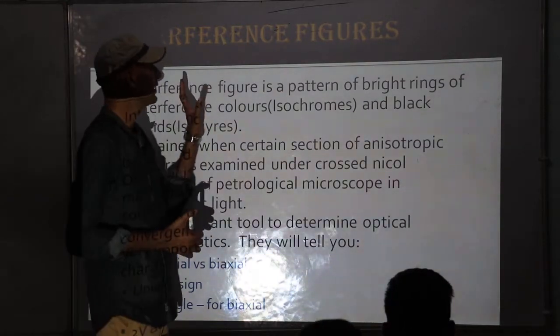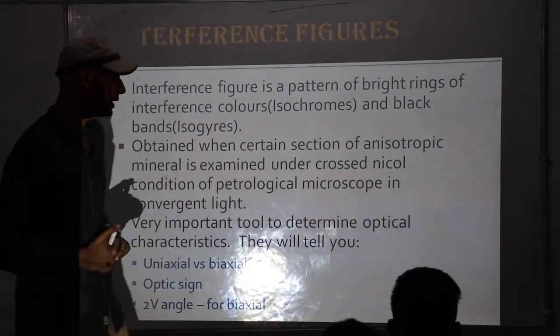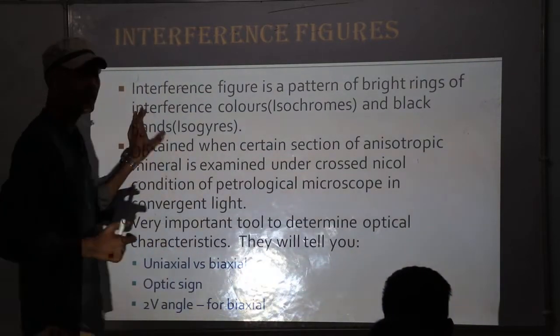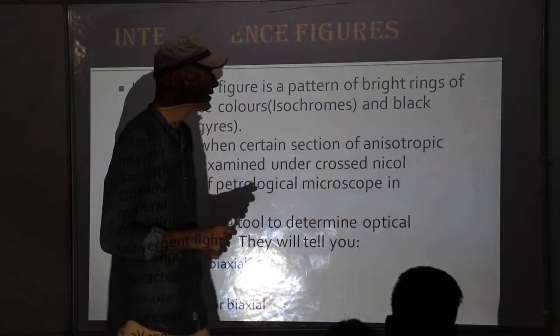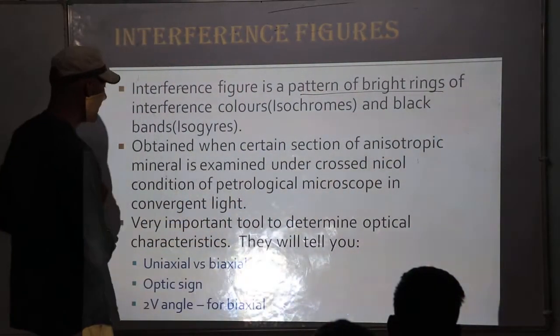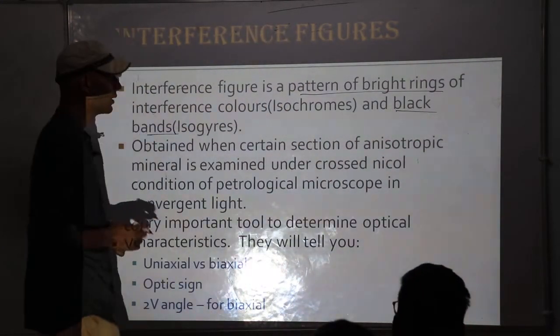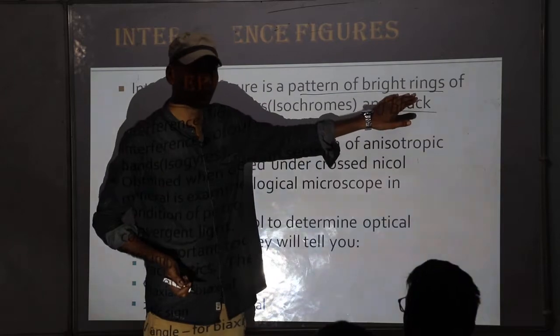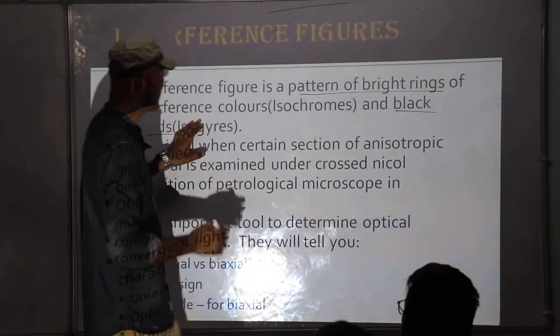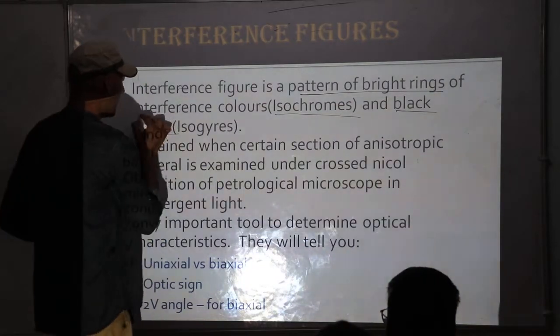So let's define what an interference figure is. The figure is a pattern of bright rings and dark bands. Bright rings are isochromes. They are formed due to interference.